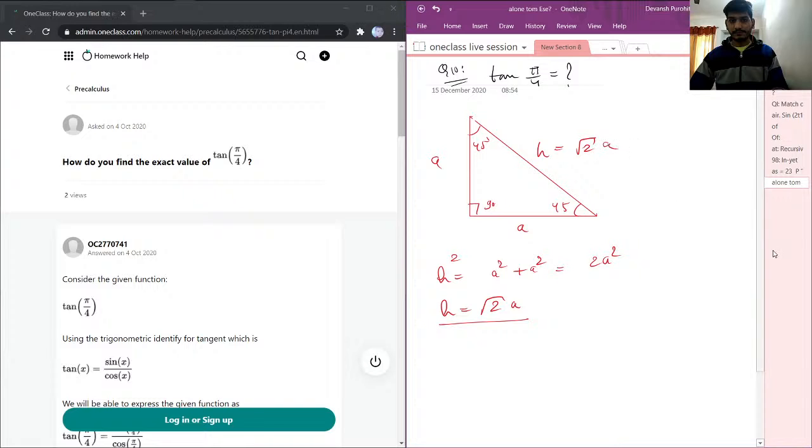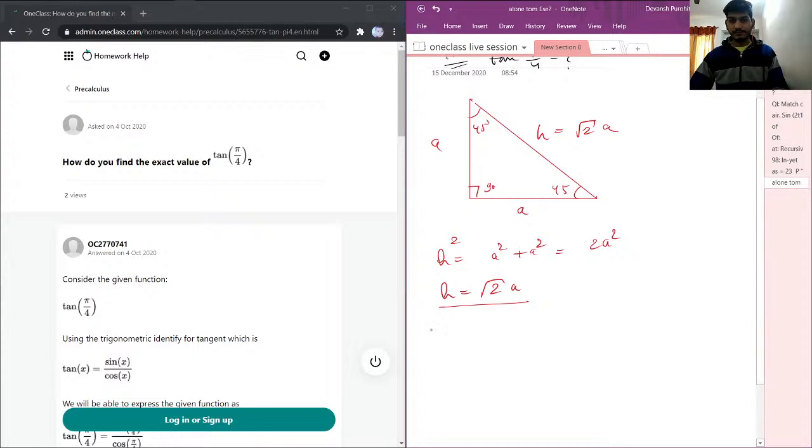Now tangent, well, we shouldn't be doing this because for tangent we don't need the hypotenuse, we just need the opposite and adjacent sides. So tangent of theta is sine theta over cosine theta.